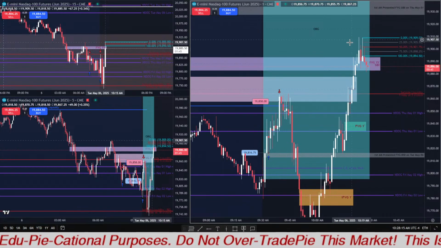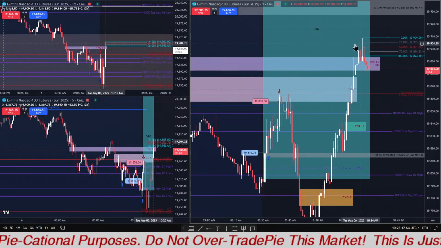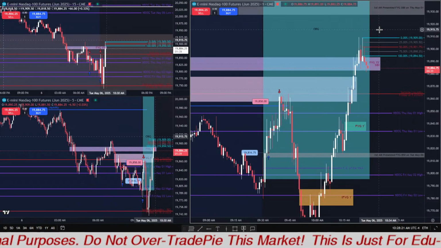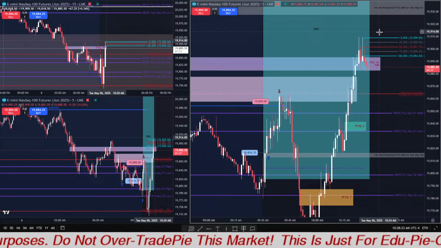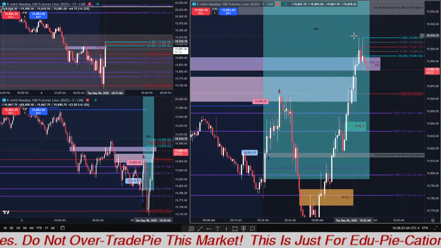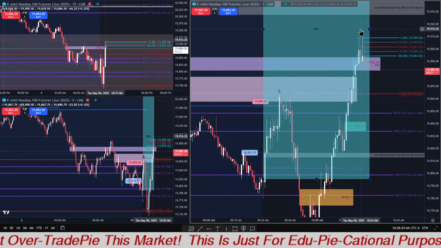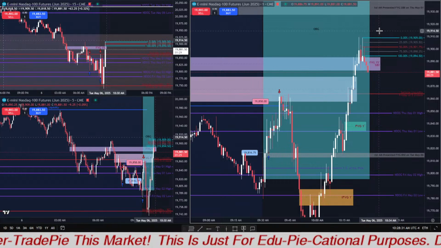In my opinion, now they are accumulating for a position to send the price higher to reach this midpoint over here. It is very suspicious to send the price very close to the midpoint and not deliver that midpoint.